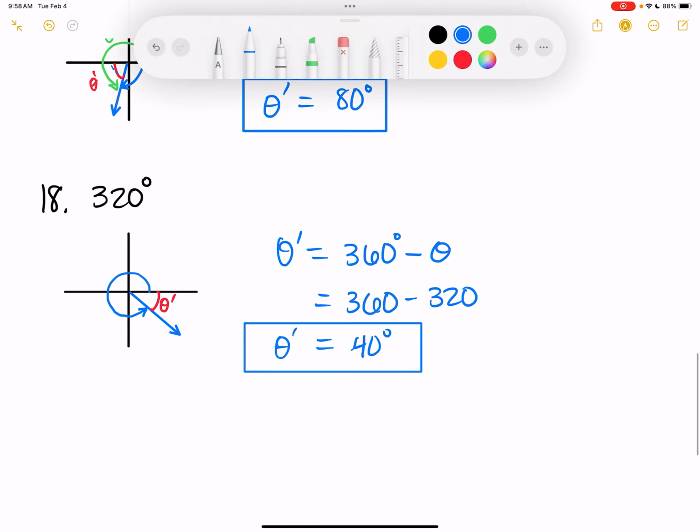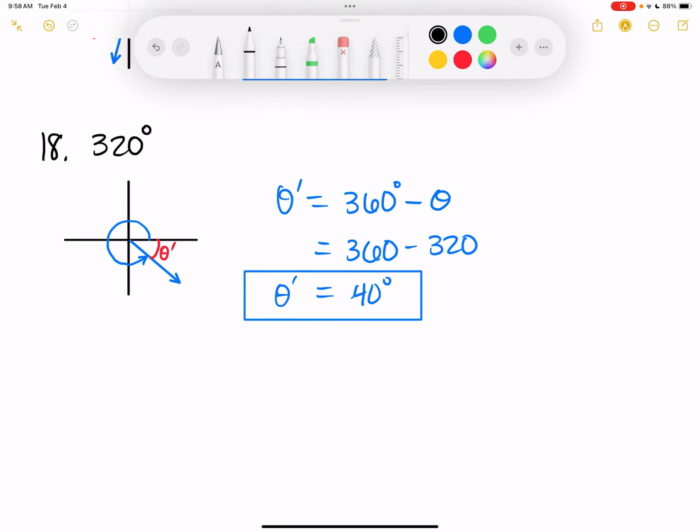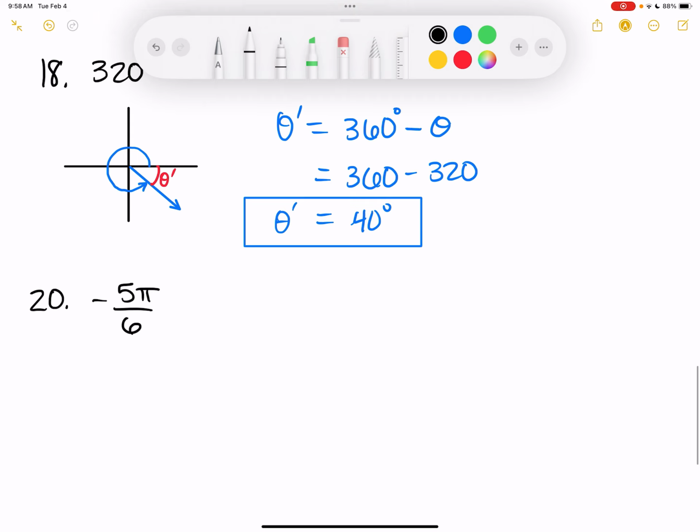All right, one in radians: negative 5 pi over 6. So that's over here. This is the theta that they give me, but my positive theta is what I need.